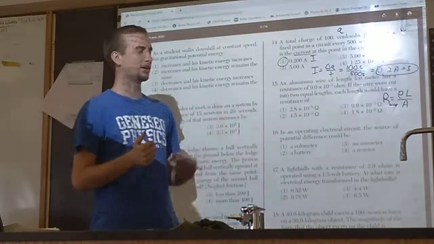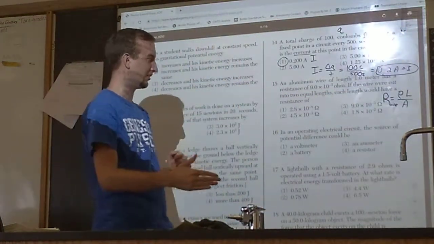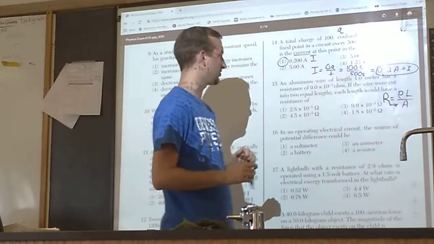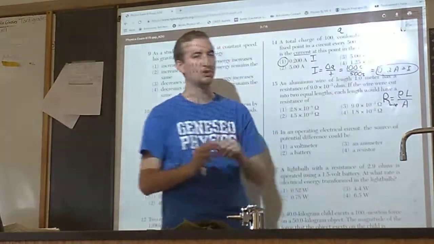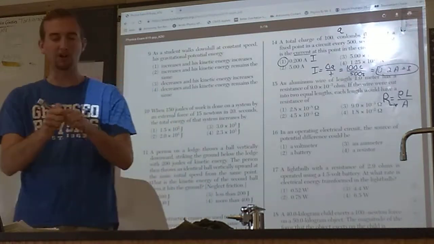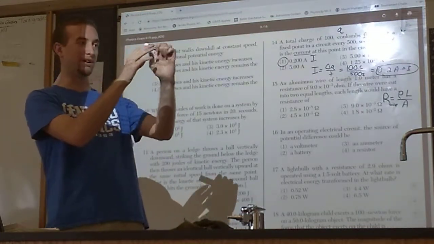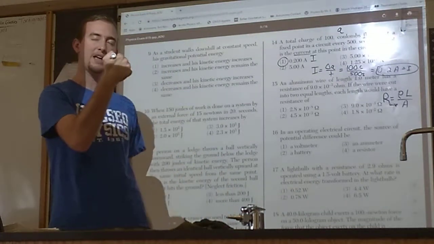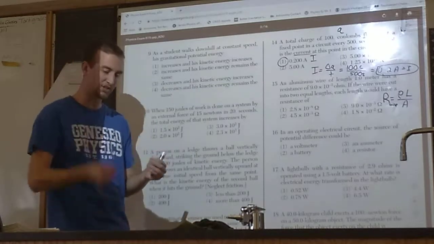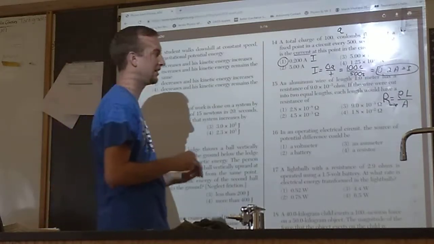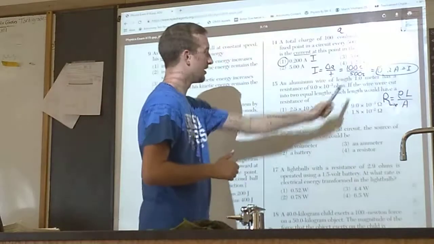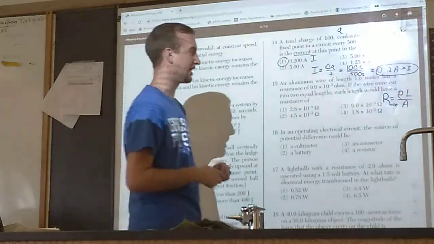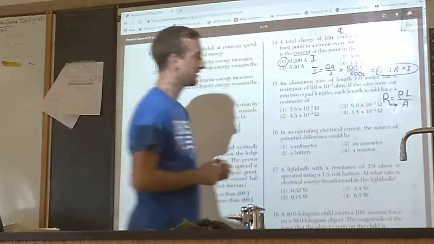I'm assuming if we're cutting the wire in two, we still have the same material, so this is not going to change. The cross-sectional area, that would be like if I took this marker and sliced it in half and you looked at the newly exposed face, that would be the cross-sectional area. Me just slicing a wire is not going to change the cross-sectional area, so that stays the same. But I'm cutting the wire into 2 equal lengths. In other words, I'm reducing L.